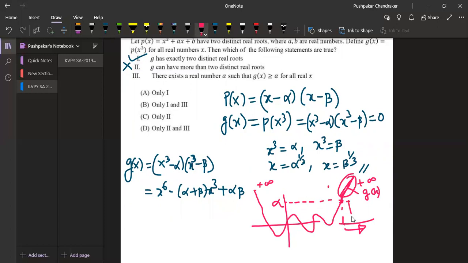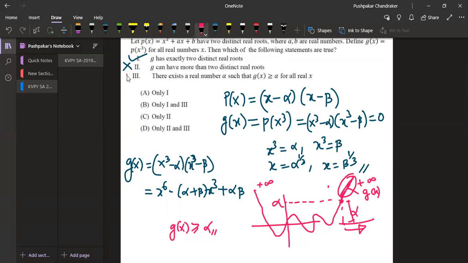Here y coordinate is equal to alpha, this much height. So this upper part will have g of x greater than alpha. It means if it's even power, that is definitely going to happen, x power 6 here. So it's greater than or equal to alpha, definitely for many x. In fact, for all real numbers x.